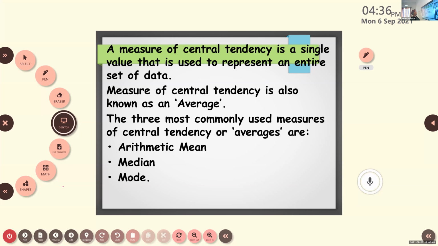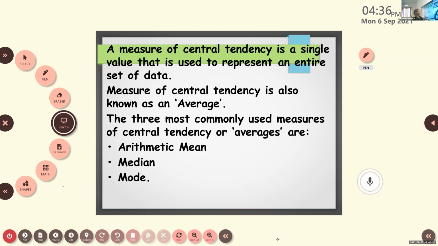And it is about what do you mean by a measure of central tendency. So we are taking one single value that will be representing the entire set of data. In the previous one, we were taking almost all the frequencies, sometimes all the values, and representing them in a diagrammatic form.